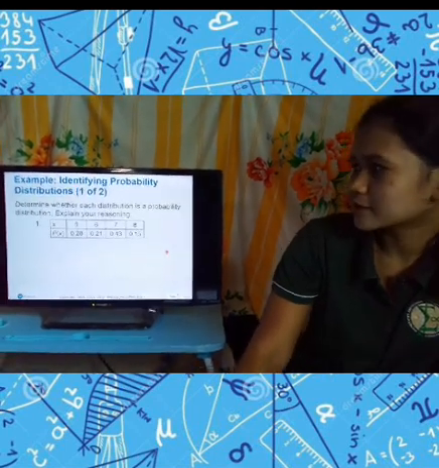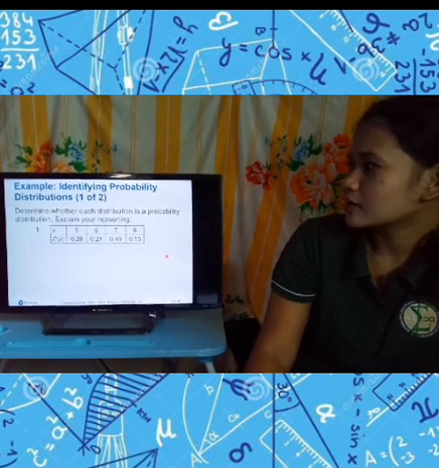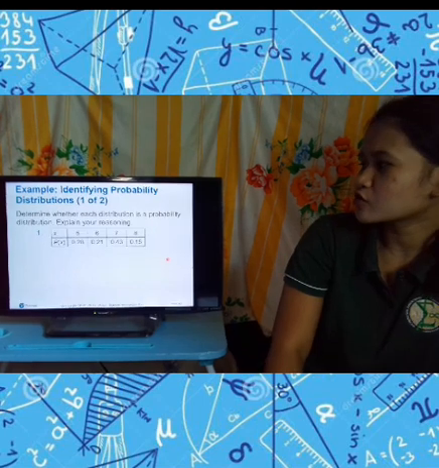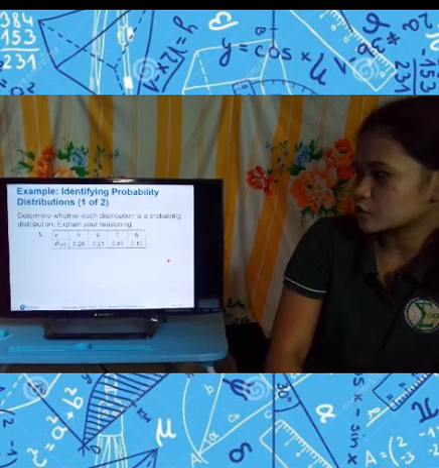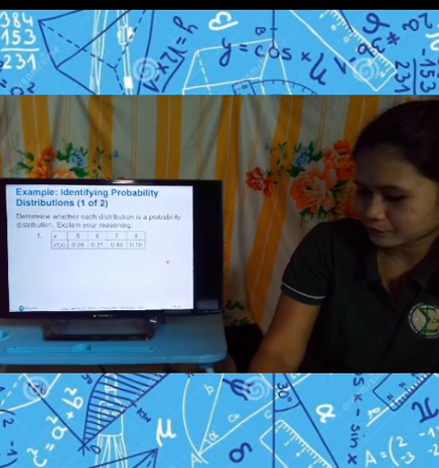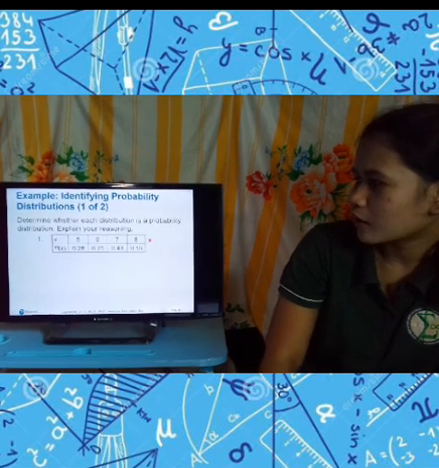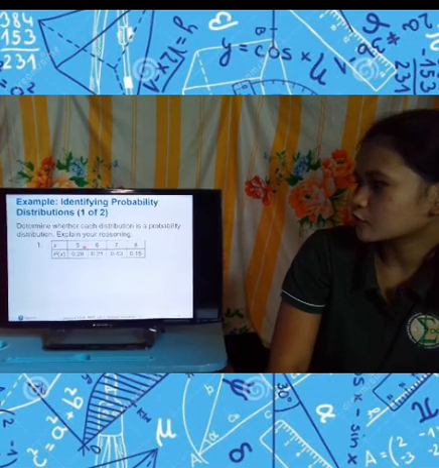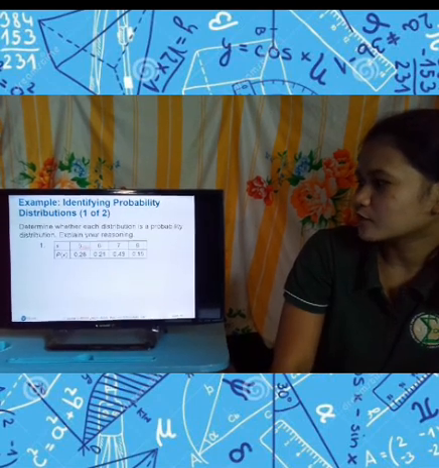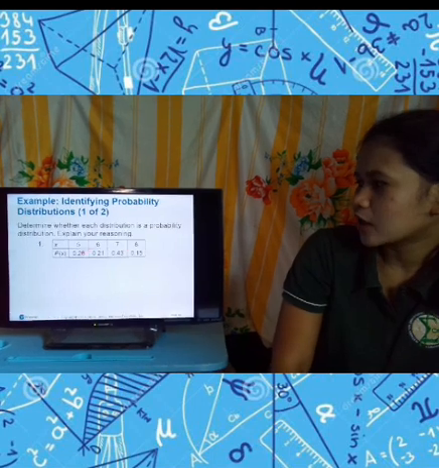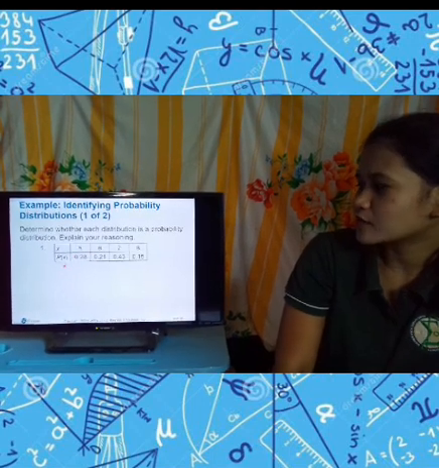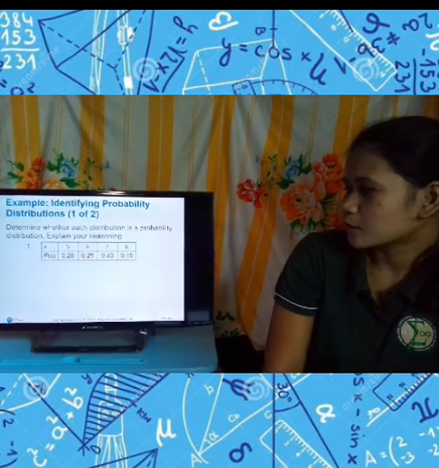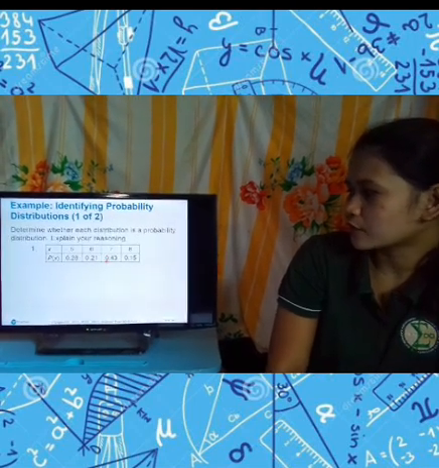So, next. Example in identifying probability distribution. Determine whether each distribution is a probability distribution. Explain your reasoning. We have here a probability distribution table. Our random variable values are 5, 6, 7, and 8. The probability of 5 is 0.28. The probability of 6 is 0.21. The probability of 7 is 0.43.